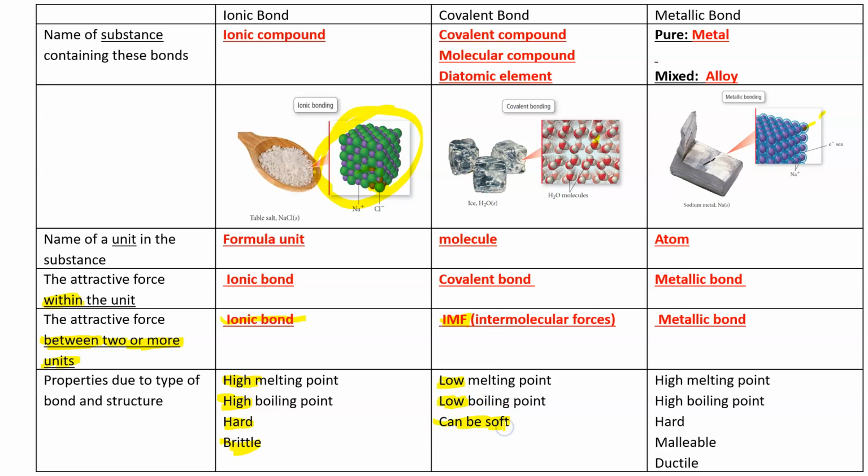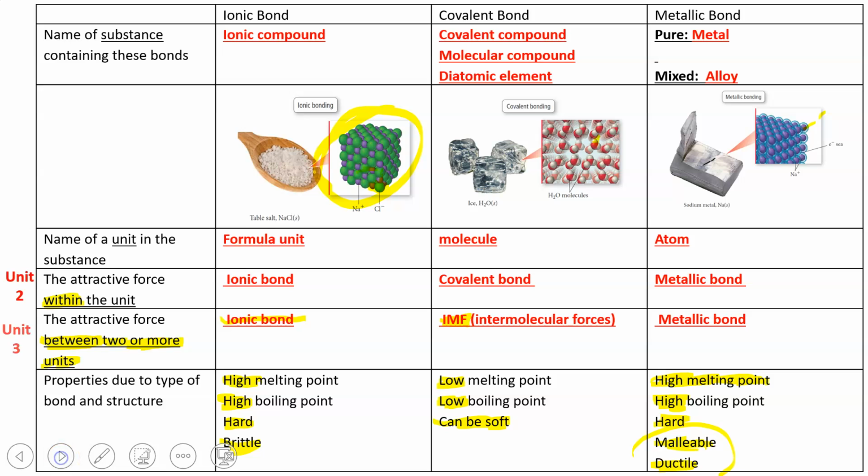They're not always, but they can be soft. With metallic bond, we have a high melting point again, high boiling point. They're hard. They're also malleable and ductile. We get into a little more detail on why these last 2 properties exist in a later set of notes. But all of these properties can be explained to some extent.